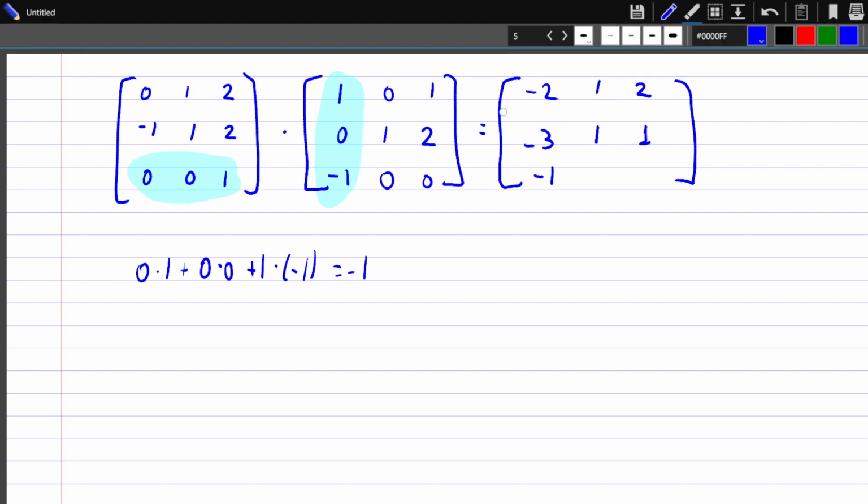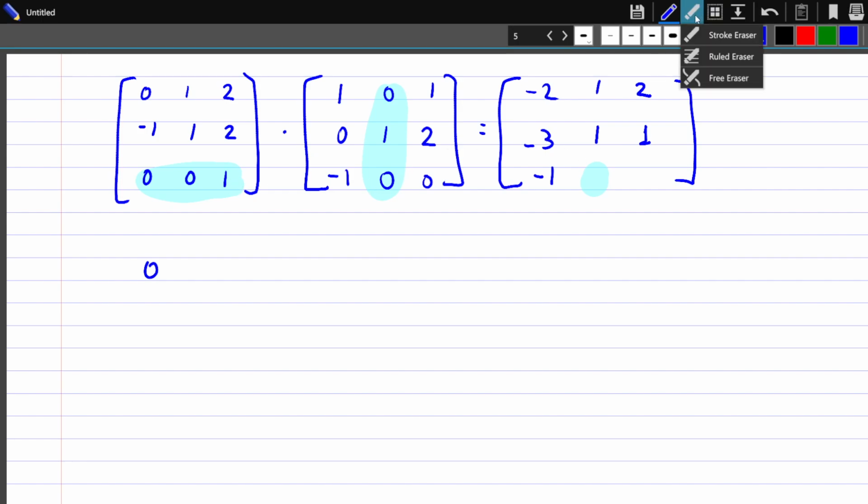And let's do the remaining ones a little faster. For this one, it's on the third row, second column. That's our guide. Zero times 0 is 0, 0 times 1 is 0, 1 times 0 is 0, so this one is easy. It's 0.